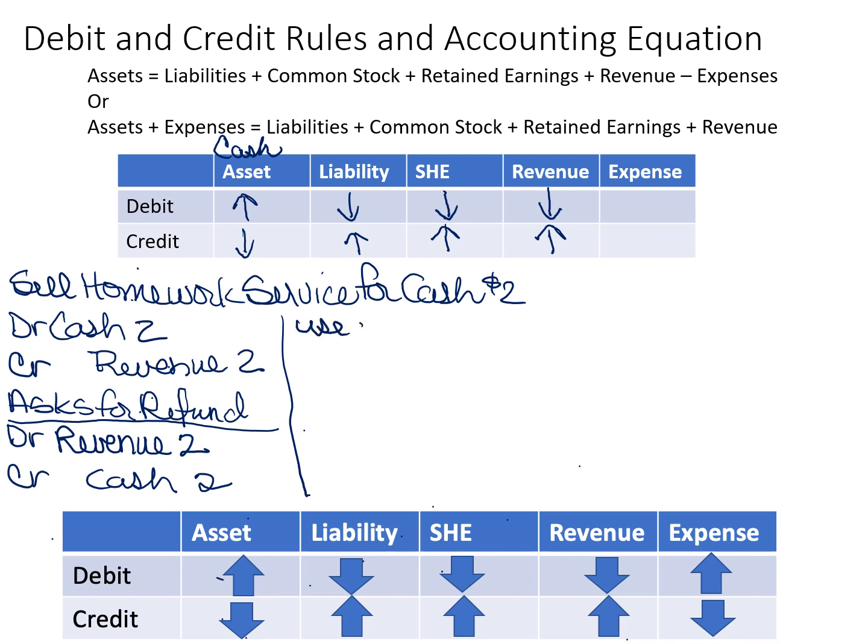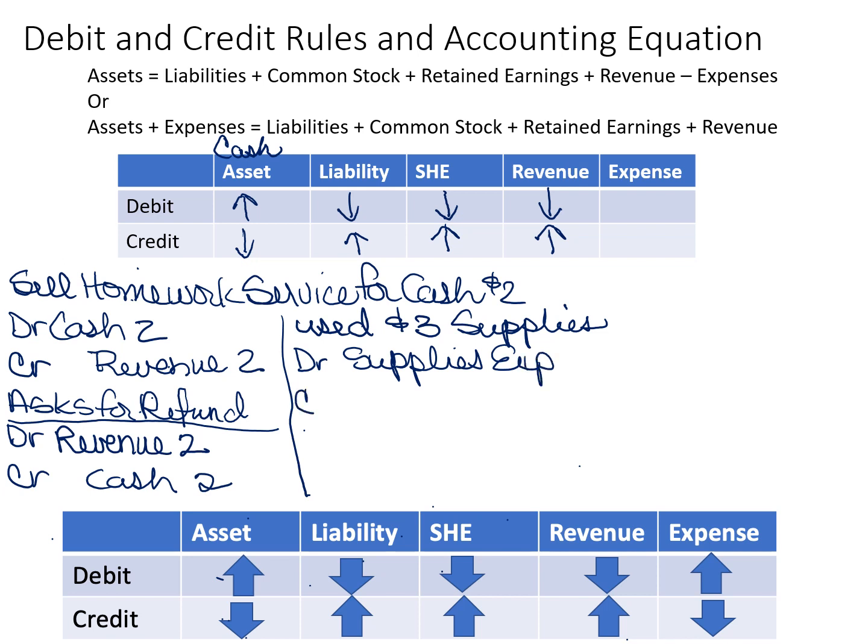What if we used $3 of supplies, and if that's the case, I would be debiting supplies expense to show that the supplies have been used, and I would be crediting supplies because remember, assets have future or potential value, and if we use them up, then they're no longer an asset because they don't have future and potential value. That means expenses are increased by debits and decreased by credits.